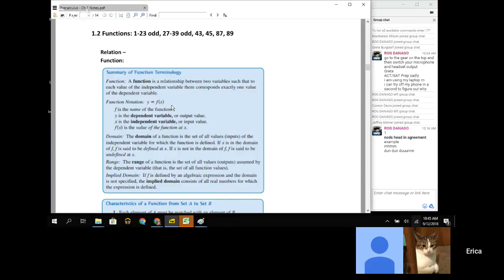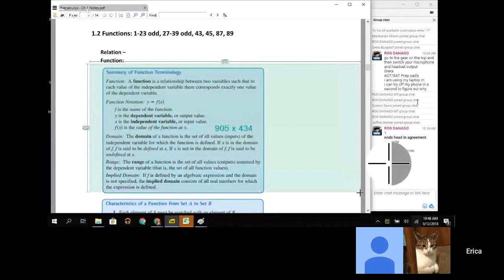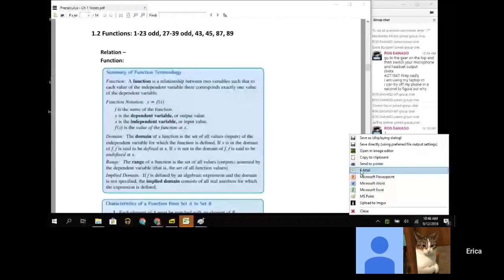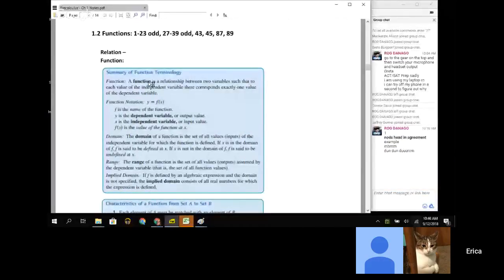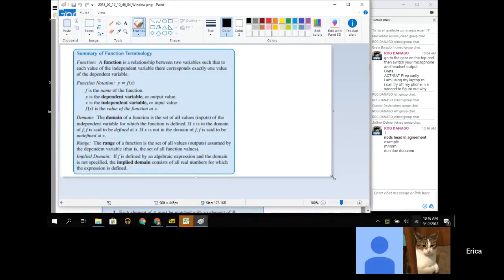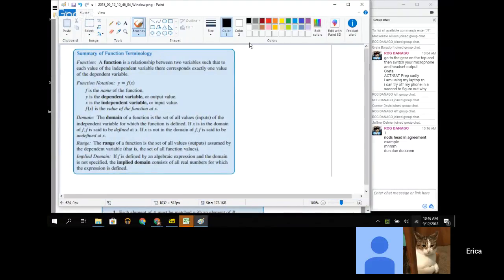What you put in is your x. So let's print screen this. Obviously you guys can read what the summary of a function is, but I just kind of want to break it down into, let's make sure we really, really understand what's going on with the function.